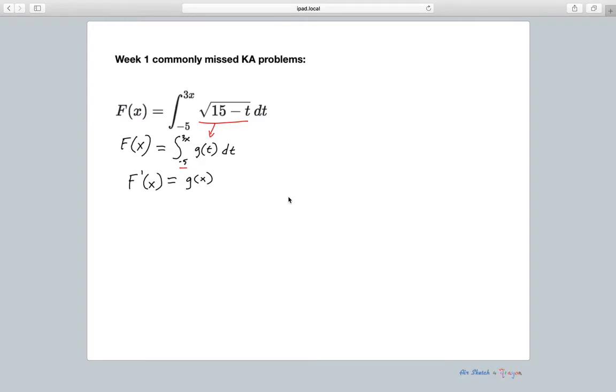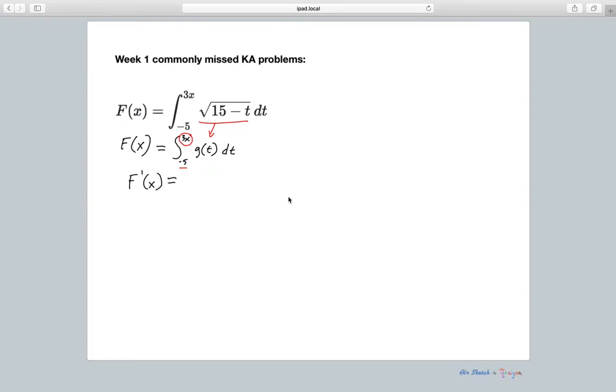But in this case, what we need to remember is that it's not set up perfectly for the fundamental theorem of calculus part 1, because my upper limit is not just x, it's actually a function of x. So when I take the derivative, I'm going to use the chain rule.